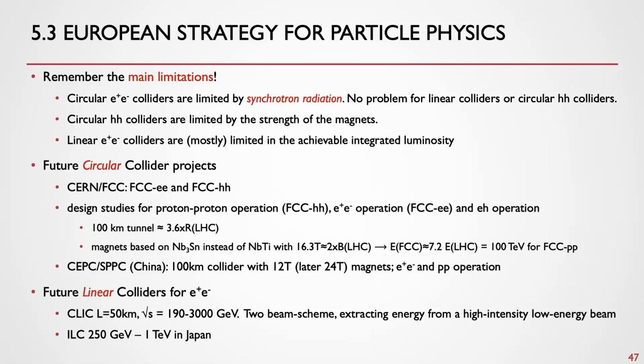Linear e+e- colliders are not limited by synchrotron radiation. They're also not limited by the magnet strengths. They are limited by the achievable integrated luminosity, because in a linear e+e- collider, after the collision, that's the point of it, the bunch is lost, so you have to prepare another bunch.